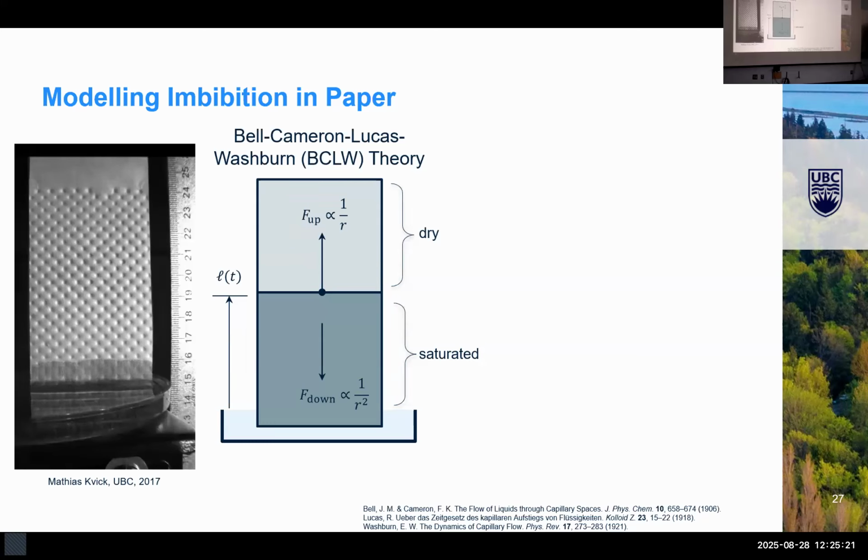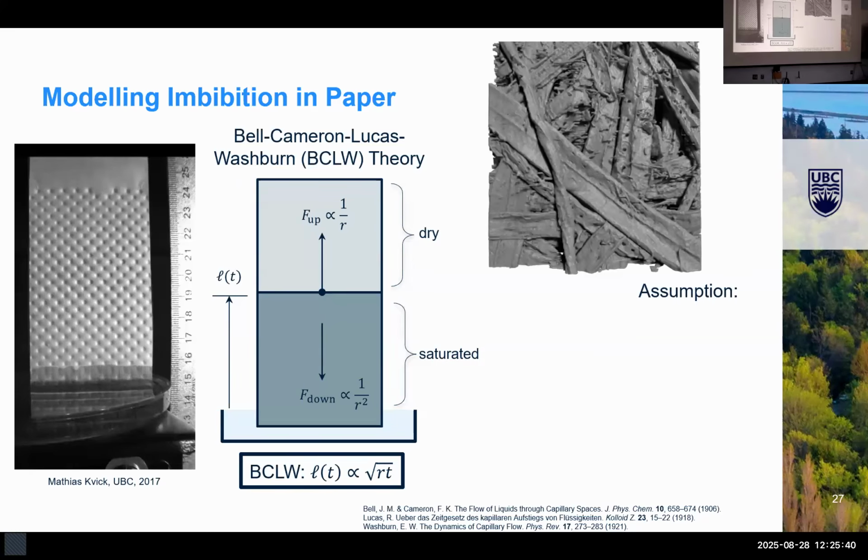Meanwhile, the downwards force is proportional to 1 over the square of the pore radius. So when you balance these forces out, we find the so-called Bell-Cameron-Lucas-Washburn, or BCLW equation, which says that the rise height as a function of time is proportional to the square root of the radius times time. This fits experimental data quite well, typically.